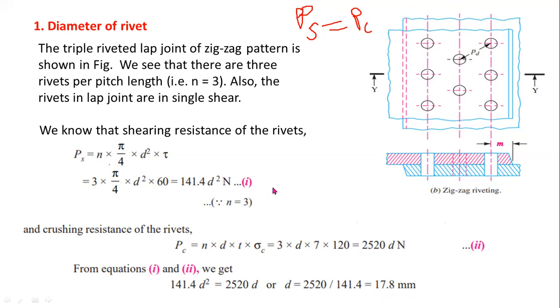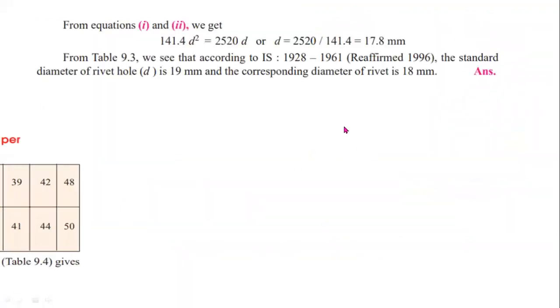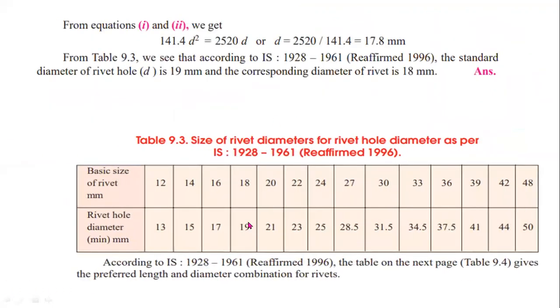But from the standard table, you have to select a standard size of rivet diameter and rivet hole. Our answer is 17.8 mm, so you have to select the nearest value.